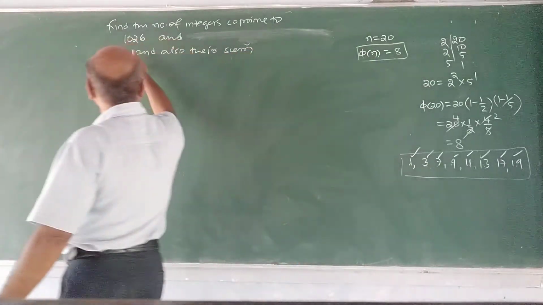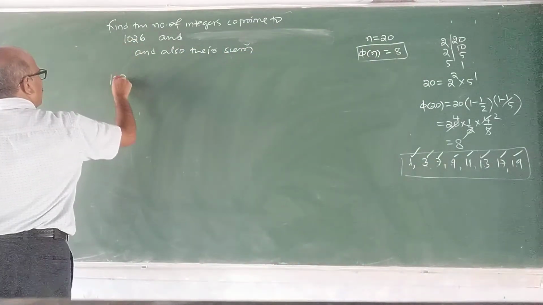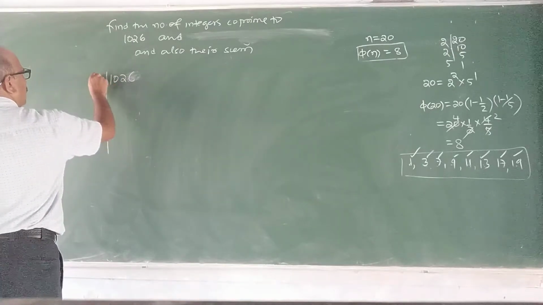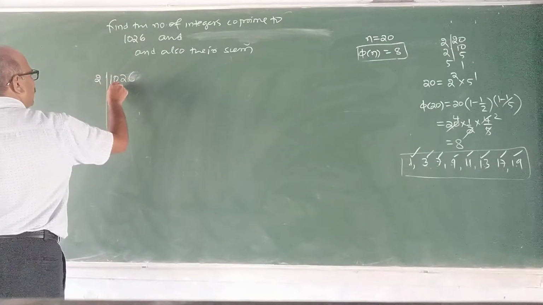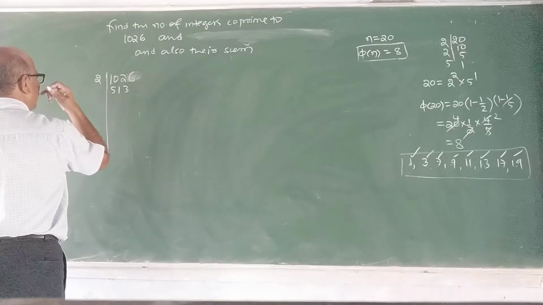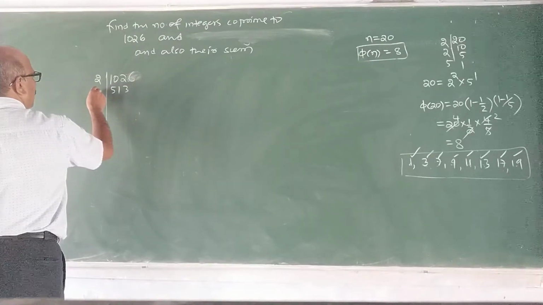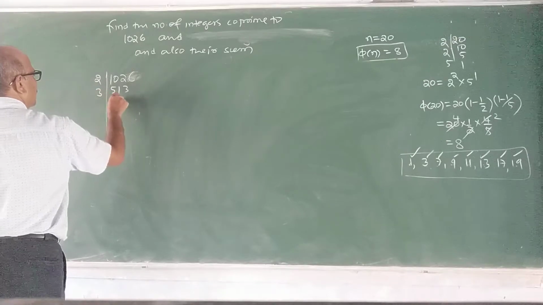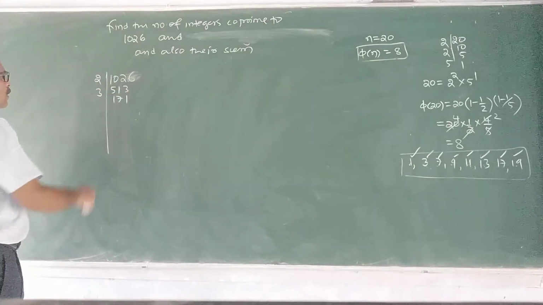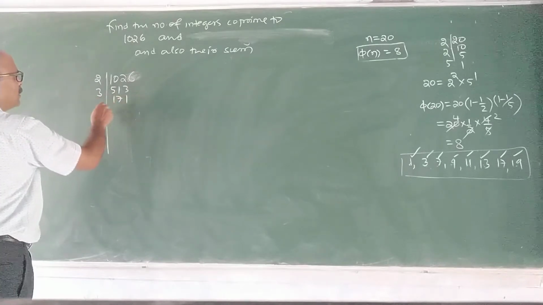Now we have to express in canonical form. 1026 expressed in canonical form. 2 into 513. Next, is it divisible by 3 here? 3 into 171. Yes, 171.